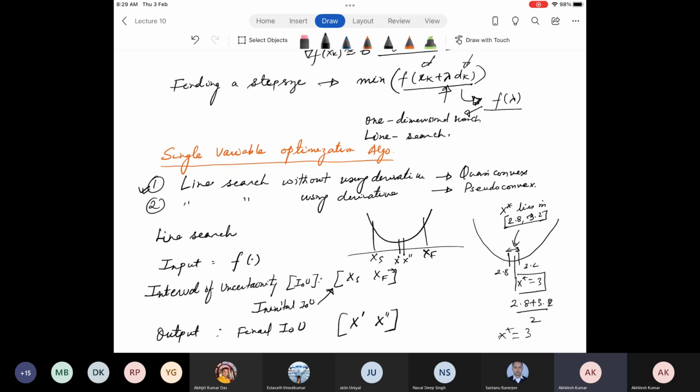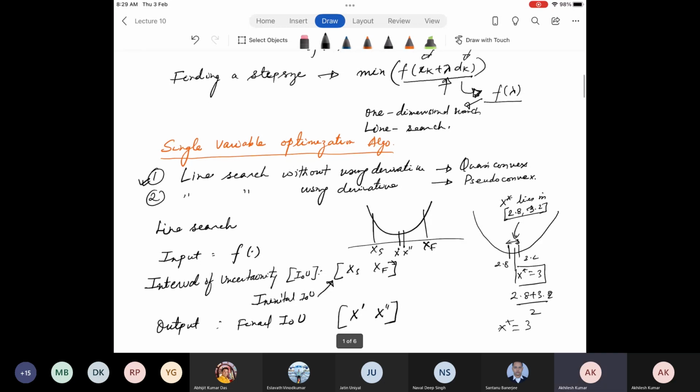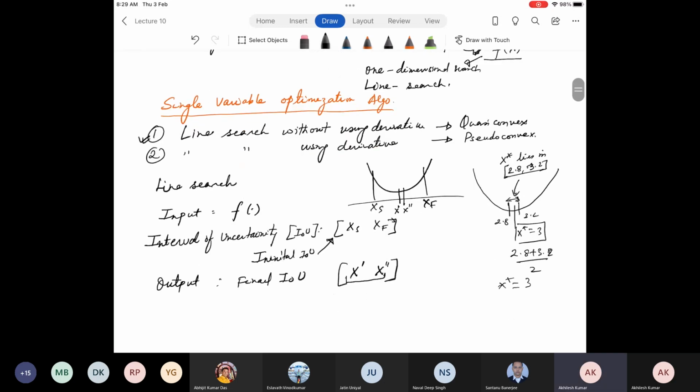This is what we are trying to find when we use a line search. We are giving an interval of uncertainty. The smaller this interval is, the better the chances of having an optimal solution in it. Does that make sense?